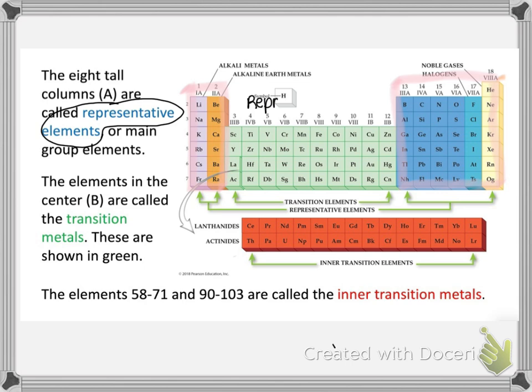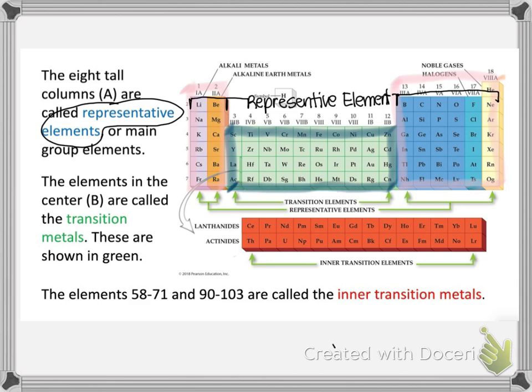Hydrogen is included in this, it's just not in this image. So the representative elements are all of these and all of these. Then we have the ones in the middle, and these are known as the transition metals or the transition elements.